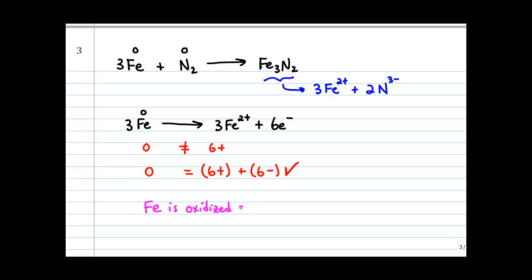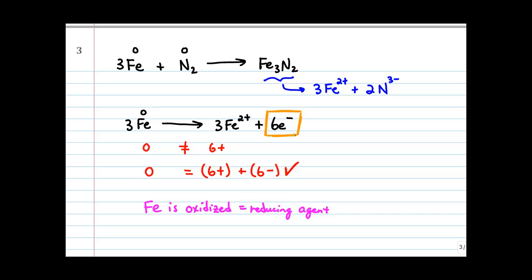which means it is the reducing agent. Also notice, 6 electrons are involved. That's a good question that I could ask you. How many electrons are involved in this oxidation reduction reaction, or redox reaction? Well, I now know there's 6 electrons involved.